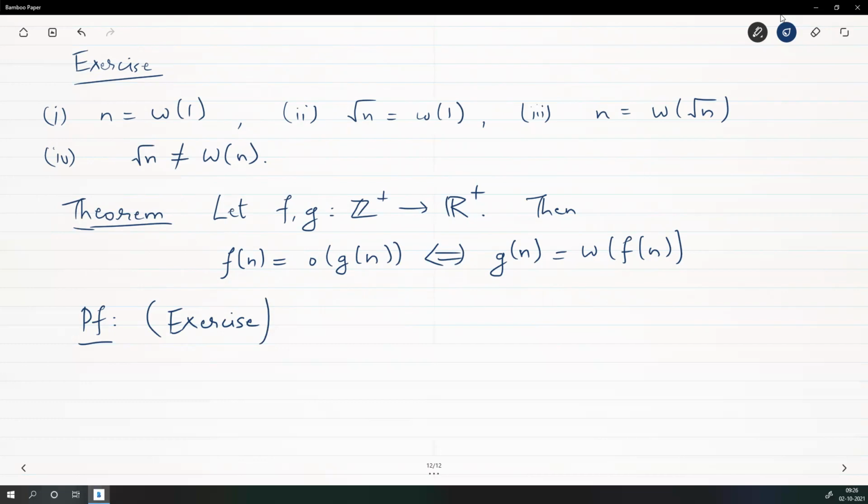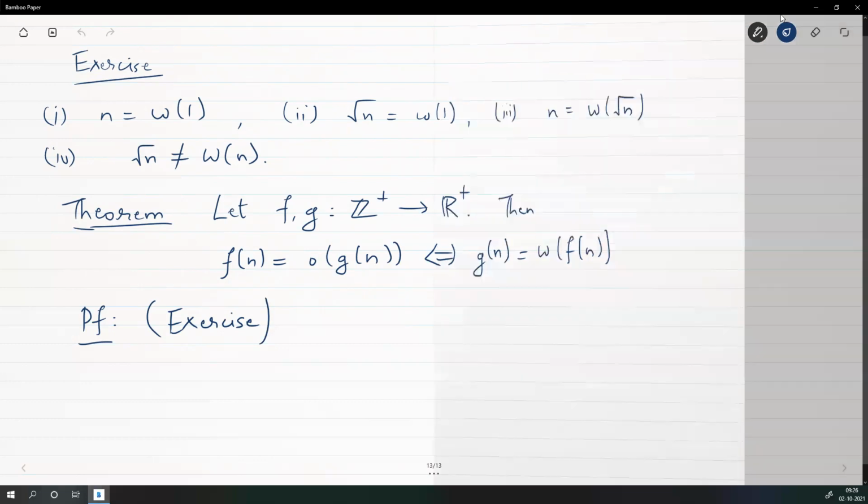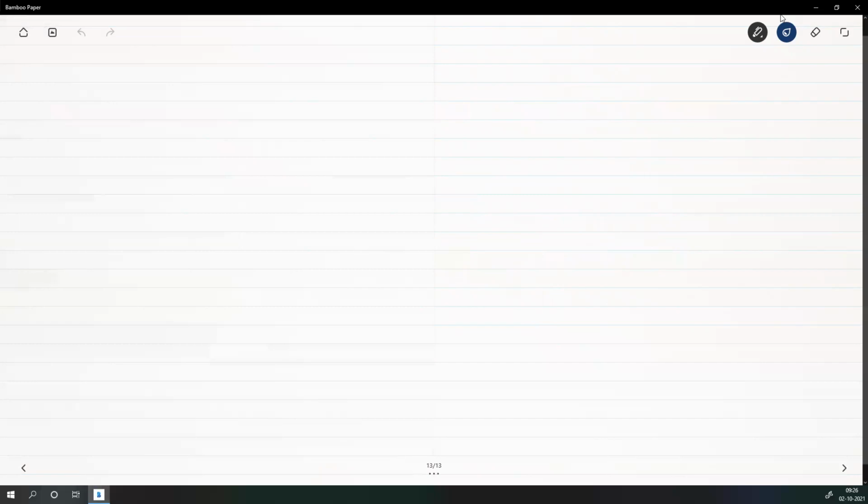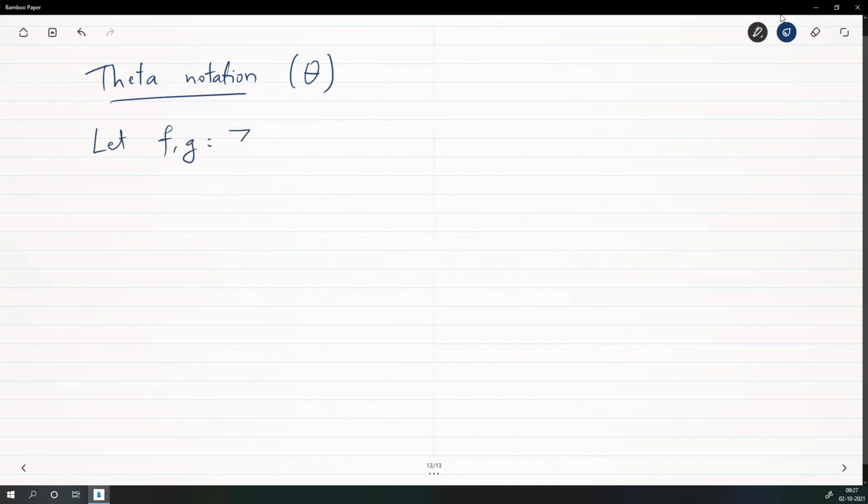So about this discussion, let me conclude this part with a small additional notation. It's called theta notation, and it's written like this, theta. Okay, what is the definition of theta? So let f and g be functions from Z plus to R plus.